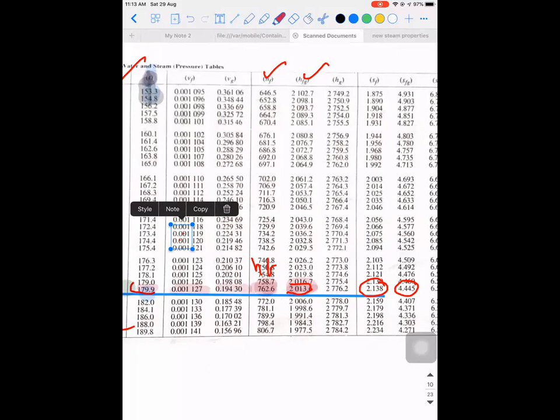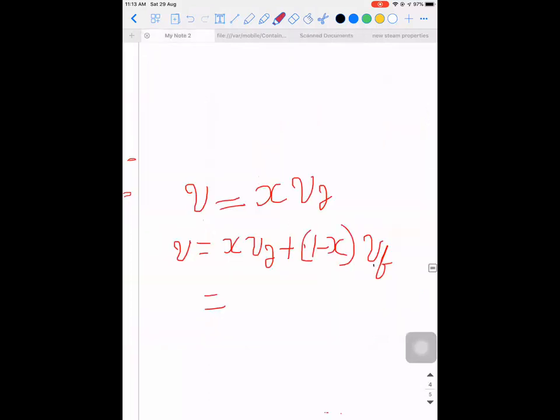0.194. X is 0.9 into Vg, 0.19430, plus bracket 1 minus 0.9 into Vf.